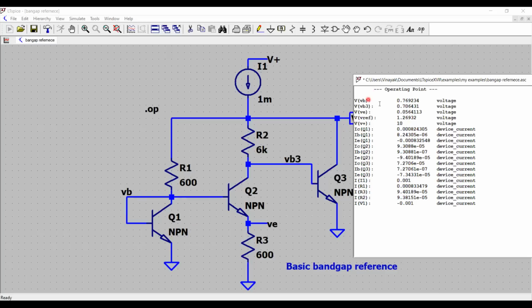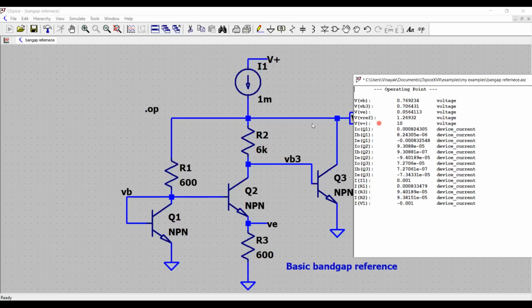So look at this, VB is 0.76 and this is 0.05, your VBE2, and obviously VE will be smaller because there'll be a slight difference between VB1 and VB2, and that difference is being dropped here. And this voltage that is dropped across R3, which is VE, has a positive TCF, but the magnitude is pretty small. That's why we need to multiply this with some factor.